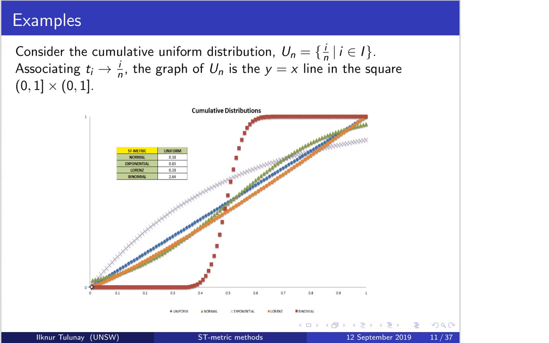So the cumulative uniform distribution will be the blue one, which is just a square, and the diagonal line will give you the uniform distribution. And this one here, the orange one, is the Lorentz curve, which is pretty close to the uniform distribution.